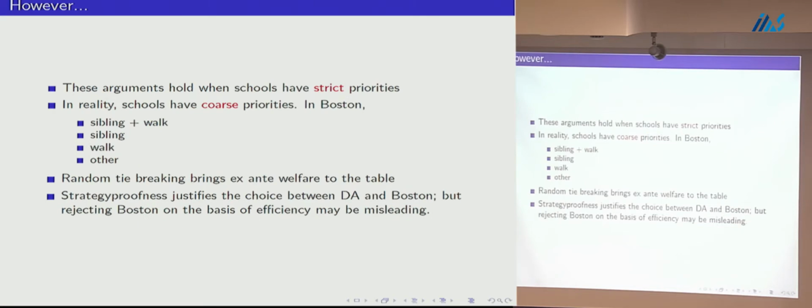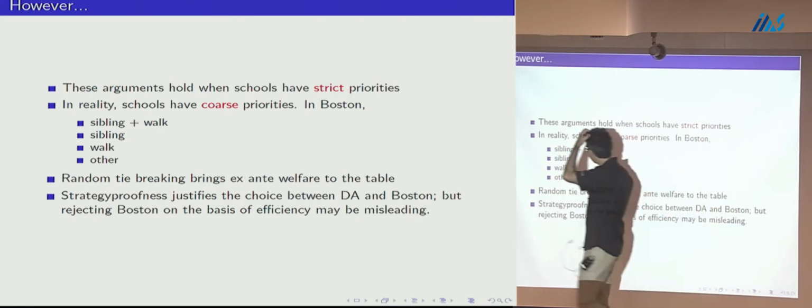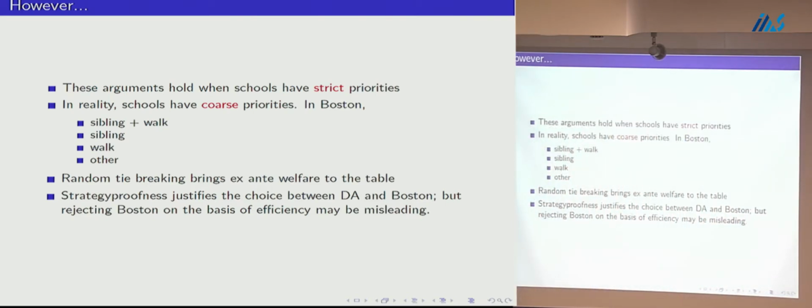Now, these arguments hold under the assumption that schools have strict priorities. In reality, schools have coarse priority groups. There may be many students in that group, many students here, many students here, and many students here. Now, within each group, ties are broken randomly.